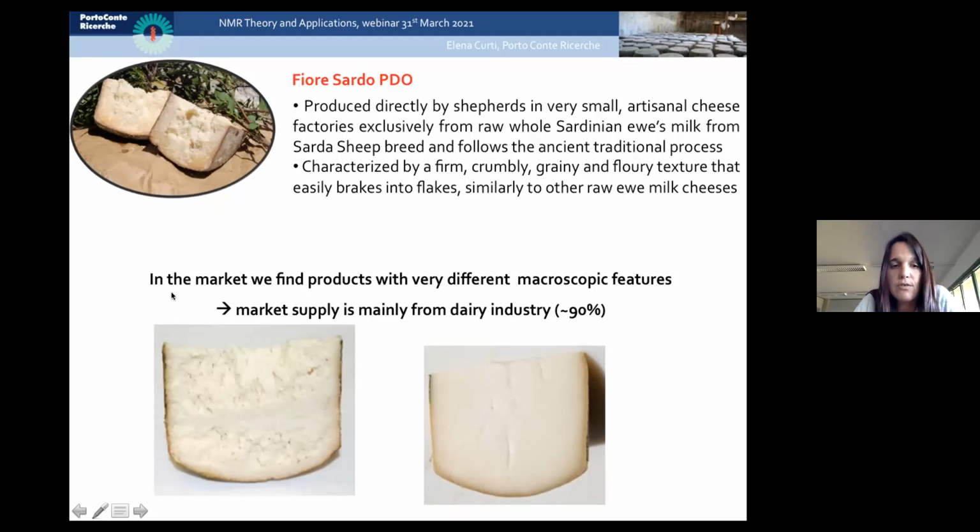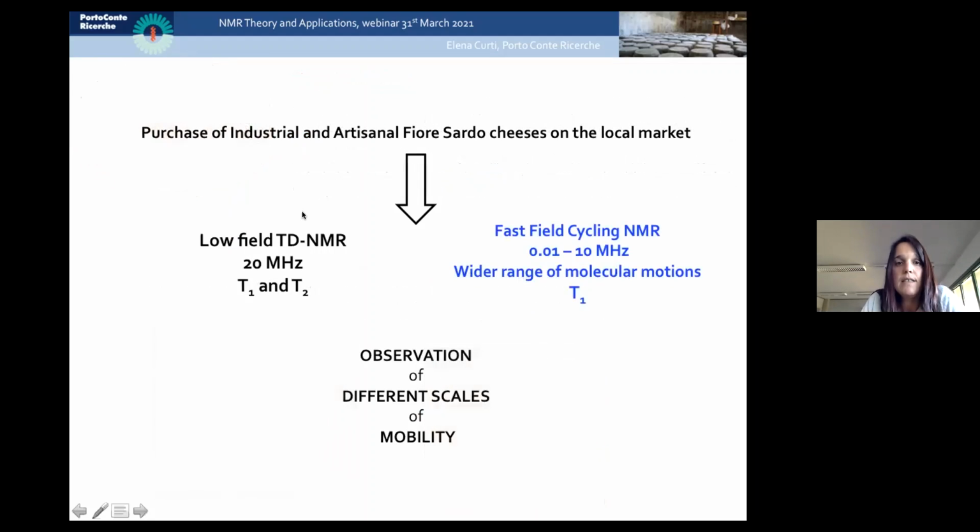So we would like to see if NMR techniques were able to discriminate in some way these products, as there is no method right now that is able to do this on final products, on cheese. So we went to the supermarket and we bought both industrial and artisanal cheeses on the local market.